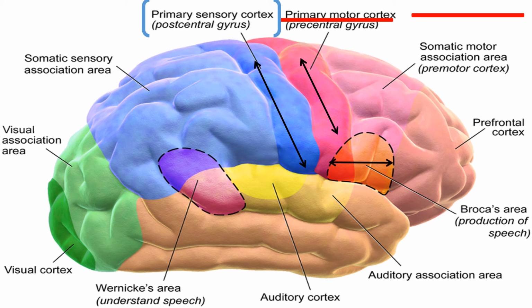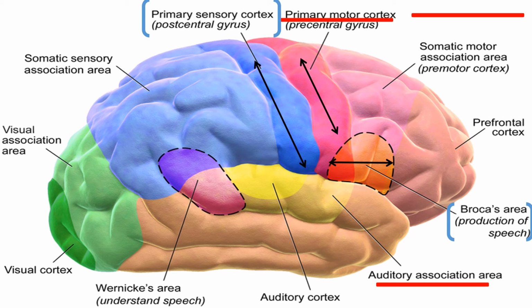Then we have this area, the orange one, which is in the frontal lobe, and this is called Broca's area. This is what is called the motor area of speech.